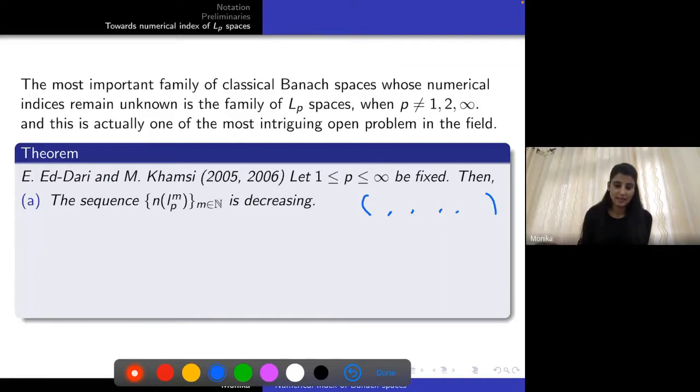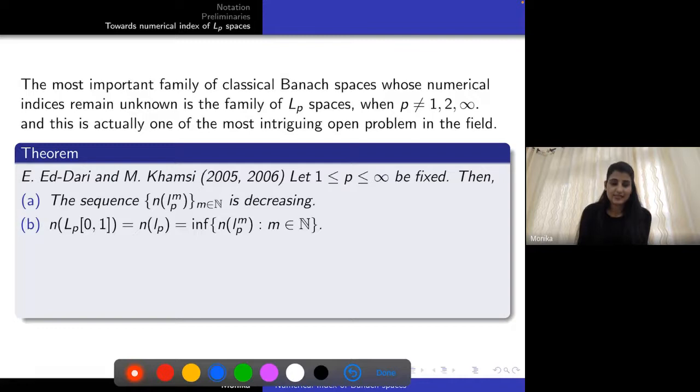We are taking m-tuples only. And the infimum of this sequence is the numerical index of Lp and the numerical index of Lp[0,1]. And bounds for n(lp^2), for m equals 2, were given.